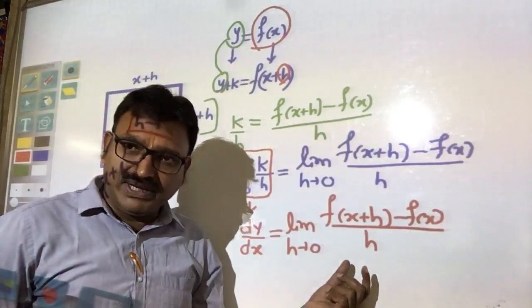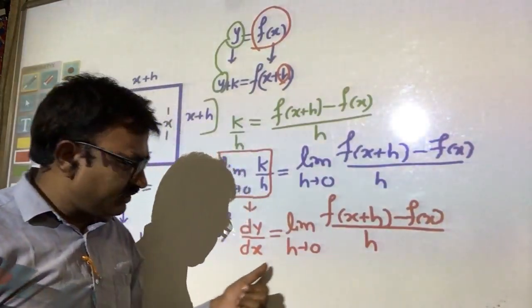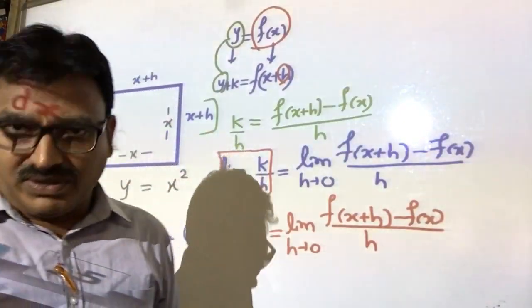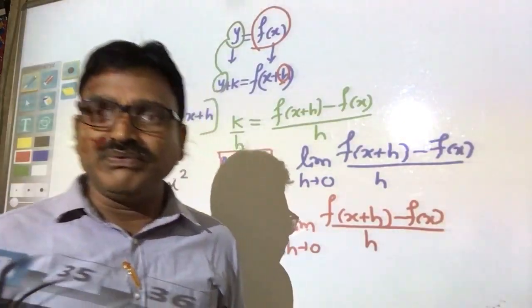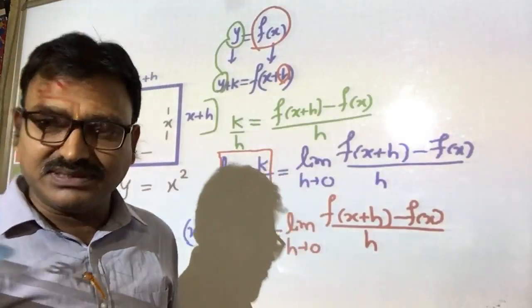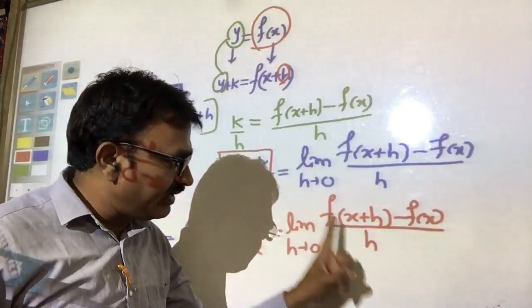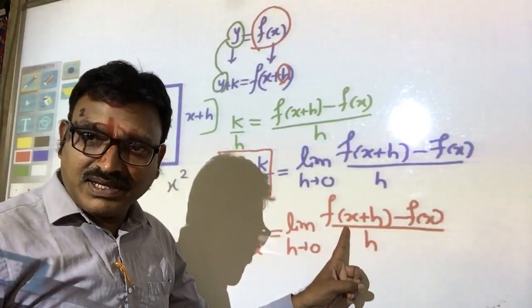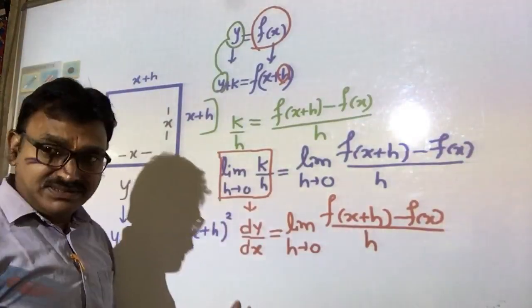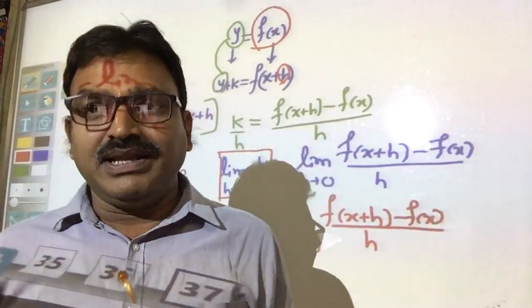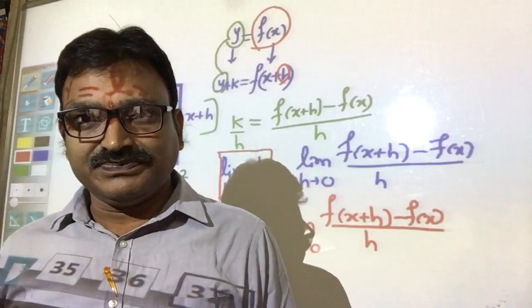Students, we have already read that this is also called the right hand derivative. We also read this in class 11. This is called the right hand derivative at x. So if a right hand derivative can be found, then definitely the left hand derivative also exists.